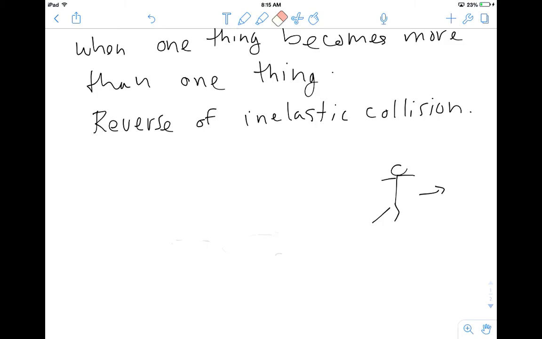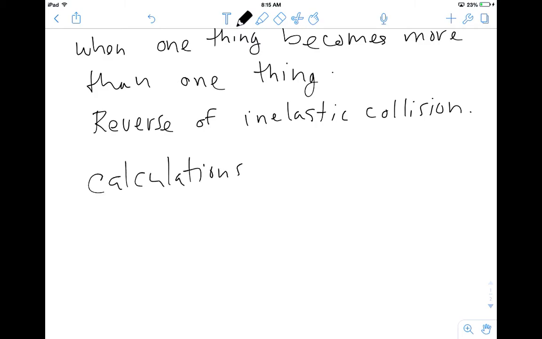Now, doing calculations for an explosion is very, very similar to doing calculations for an inelastic collision, because it's still momentum before equals momentum after.